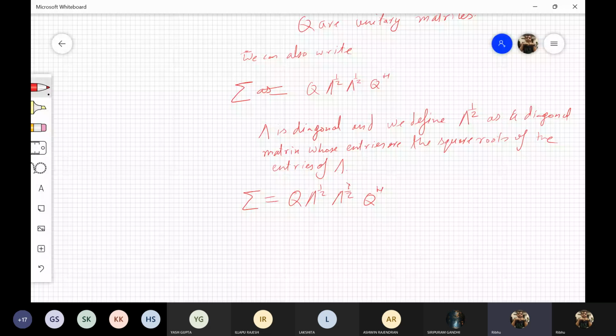Now I can write I as Q Hermitian Q. So if I say this is sigma half, this is also sigma half.